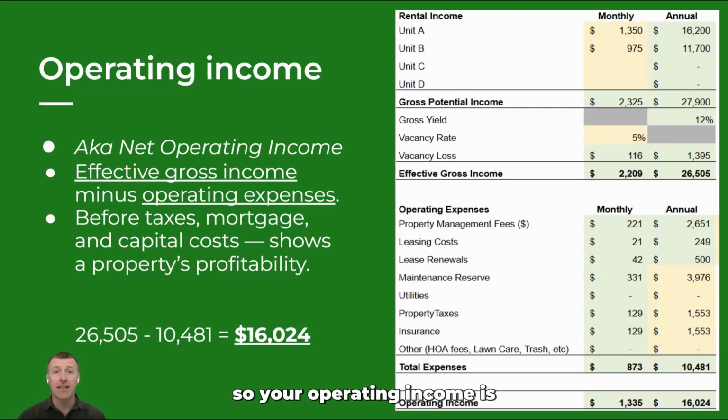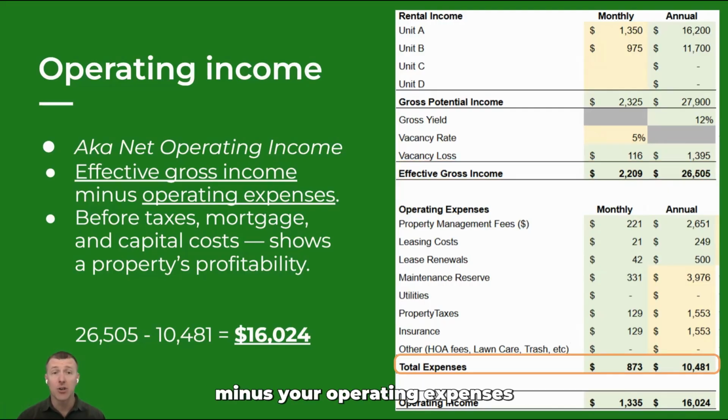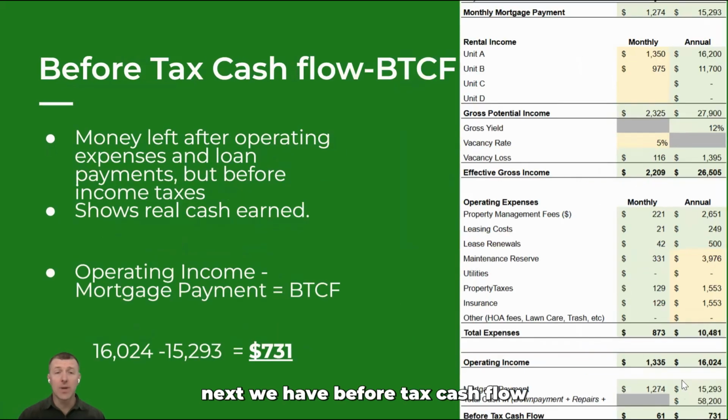So your operating income is your effective gross income, in this example, $26,505, minus your operating expenses, in this example, $10,481, and that gives us an operating income of $16,024.